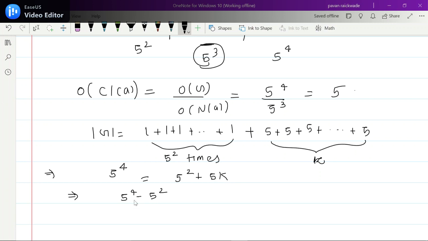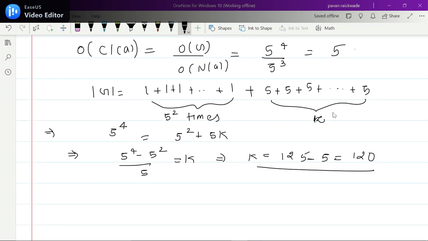So what we have found is 5 raised to 4 equals 5 squared plus 5 times k, which implies k equals (5 raised to 4 minus 5 squared) by 5, which implies k equals 125 minus 5, which is 120.